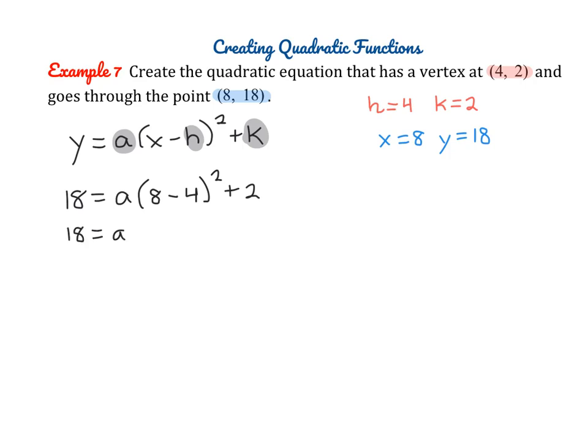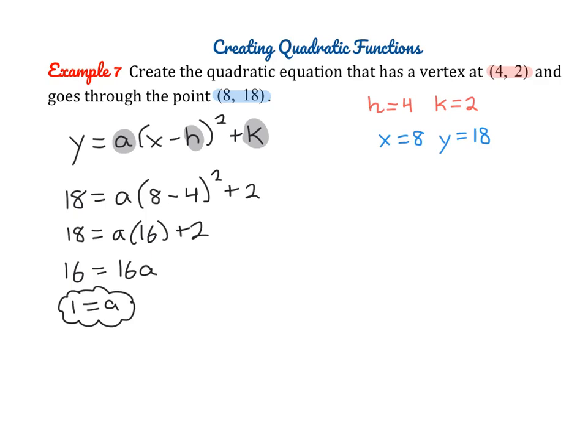So here we have a times, remember to subtract, and then we're going to square. So 8 minus 4 is 4, 4 squared is 16, plus 2. And then we can subtract 2 from each side, so 16 equals 16a, and then divide by 16 on each side. So a equals 1.